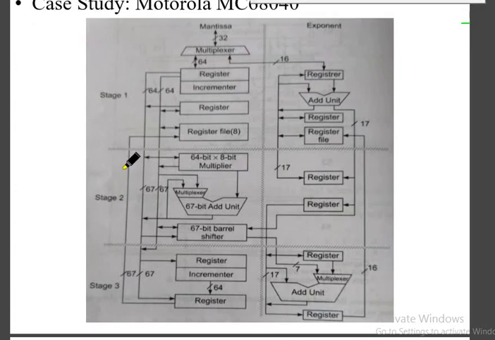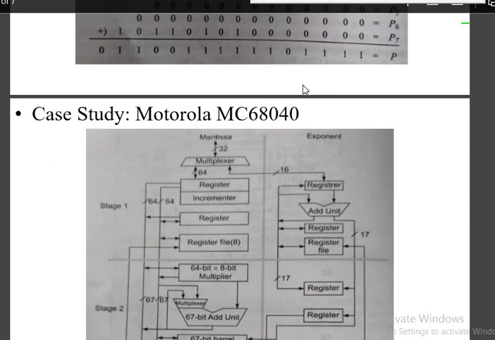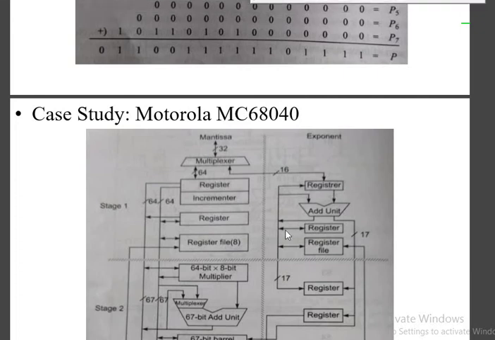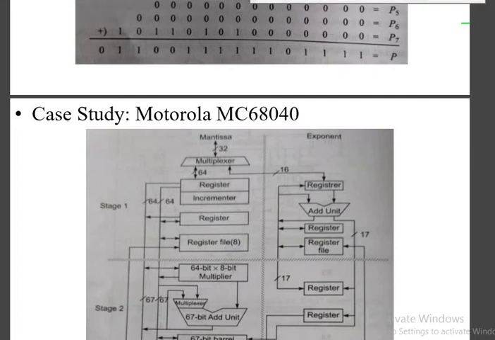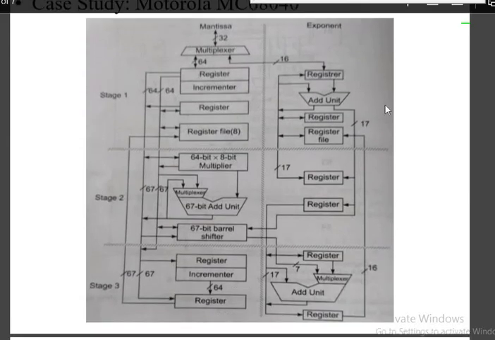So this case study is for the Motorola MC68040. Here, the total work is divided into 3 stages.